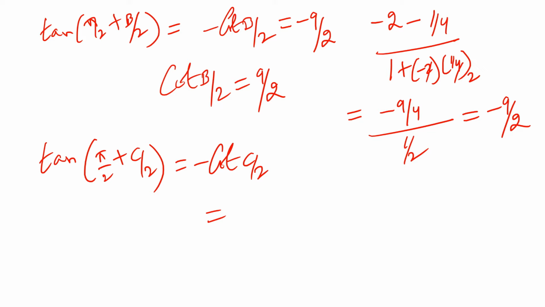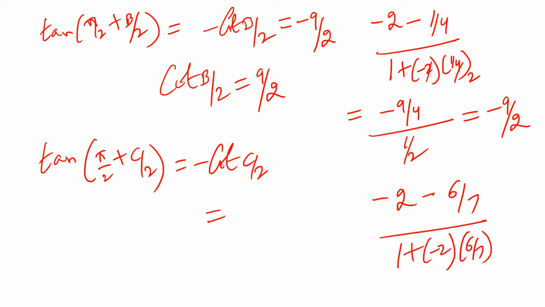Now, by applying the formula (m1 minus m2) upon (1 plus m1 m2), it is going to be (minus 2 minus 6 by 7) divided upon (1 plus minus 2 into 6 by 7). So this value comes out to be minus 14 minus 6, that is minus 20 by 7, divided upon 1 minus 12 by 7, or minus 5 by 7. So finally it comes out to be just 4.